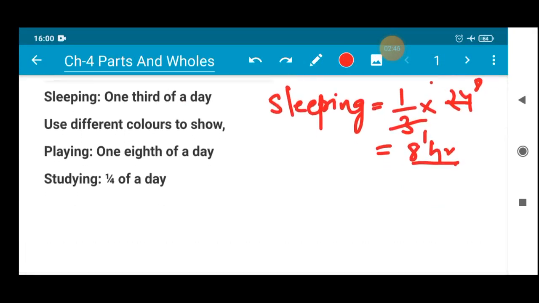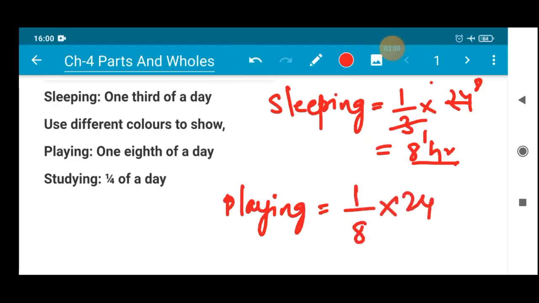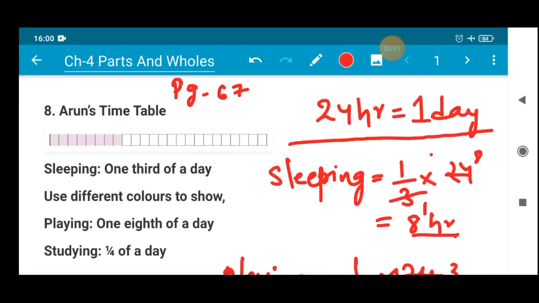You have to use a different color to show playing now. Let us see how many hours in a day he is spending in playing. Out of 24 hours, 1/8 is spent in playing. So 8 1s are 8, 8 3s are 24. So it is 3 hours he is spending in playing. Let us color this with the bluish one.